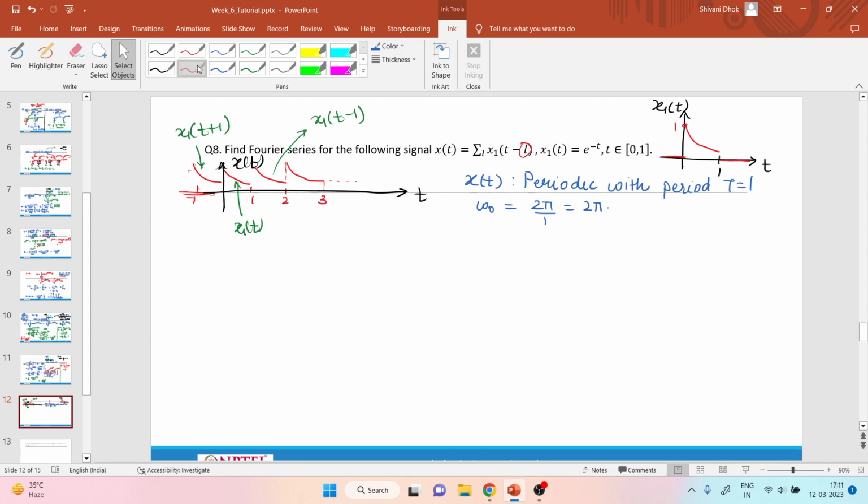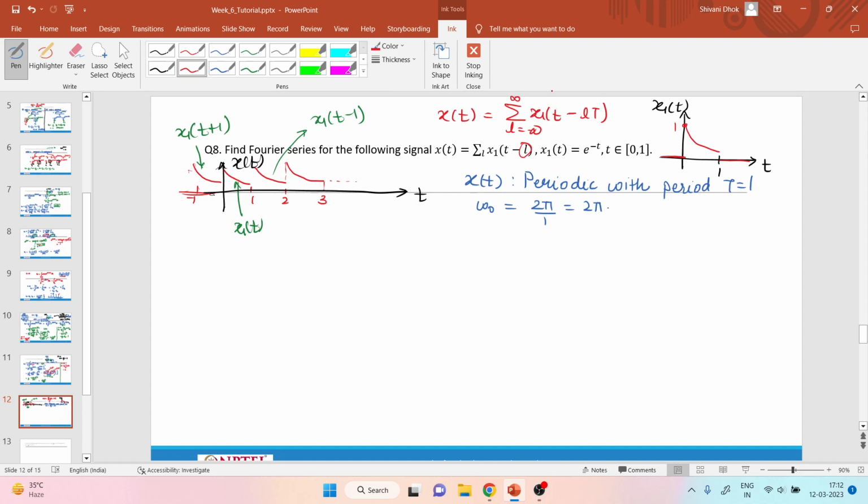So in general, if the period is not 1 but T, I can represent it as x(t) equal to the summation with l running from minus infinity to infinity of x1(t minus lT), where this x1(t) will be non-zero only for a duration of 0 to capital T.